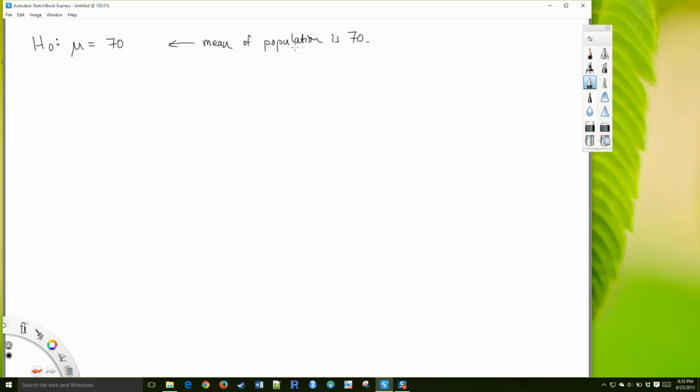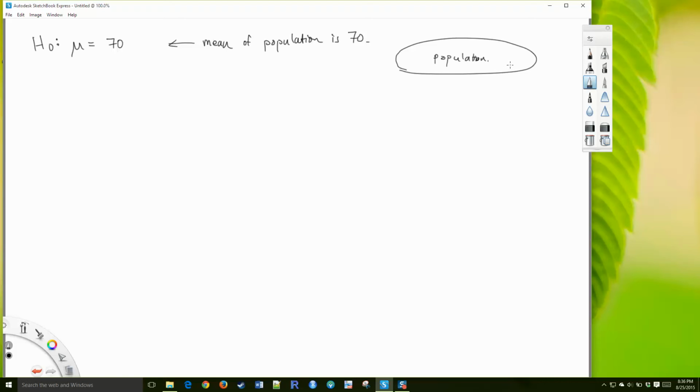However, the only way for us to know that the mean of the population actually is 70 is if we measure every single person in the population, and then we calculate the average. Do you think that average is going to be exactly 70?